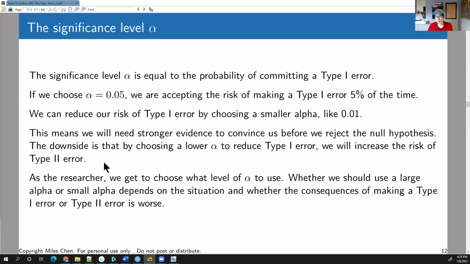And you have to think, what are the consequences of making a type 1 error? And what are the consequences of making a type 2 error? And depending on the situation, the consequences of a type 1 error could be more severe or less severe than making a type 2 error. And then depending on those cases, you would want to adjust how large or small your significance level alpha is. Okay, so you don't want to be too cautious, because if you're too cautious, you're going to miss times where you should have rejected the null.